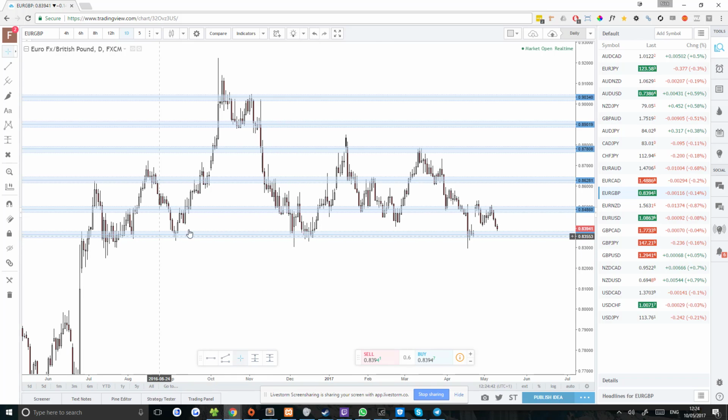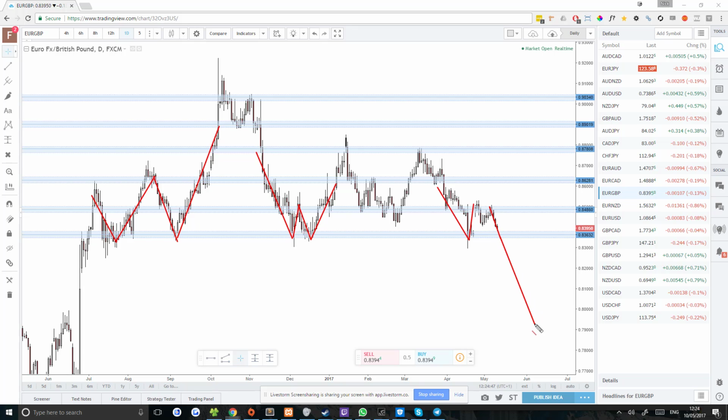No, it is the strongest support area of the year, by far. So for the past year, price has just been bouncing from this area non-stop. And now it's back at it.